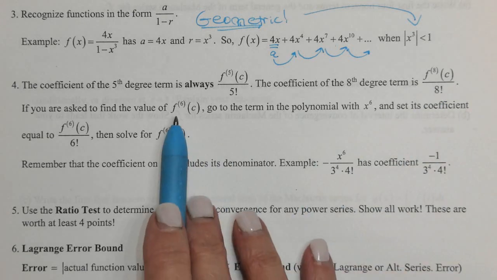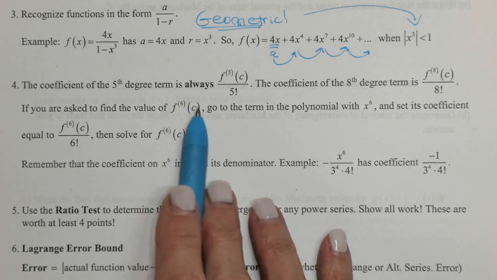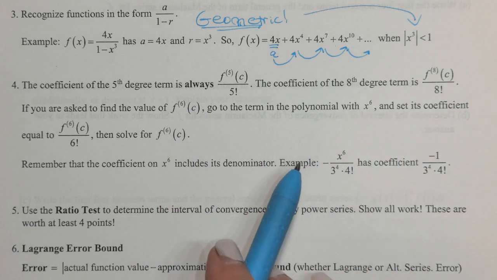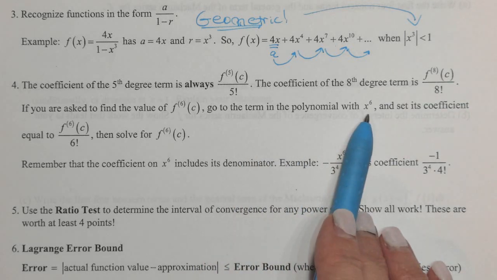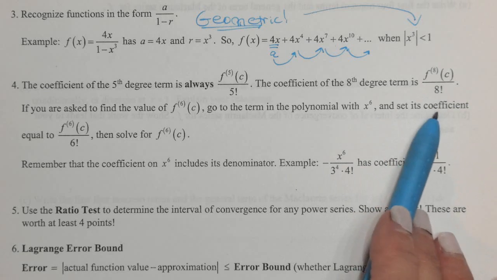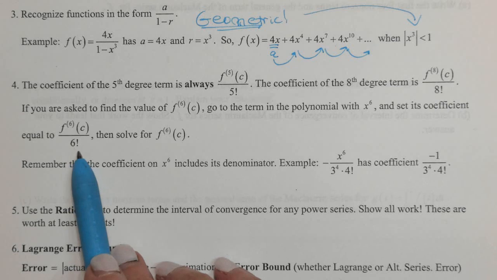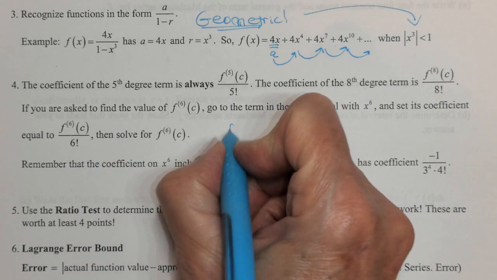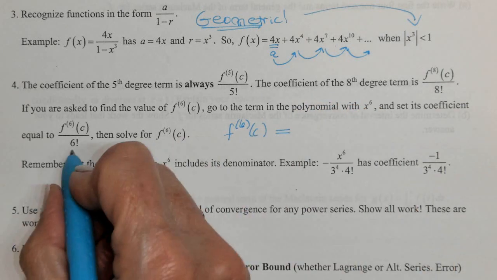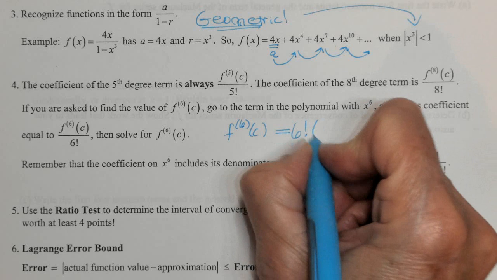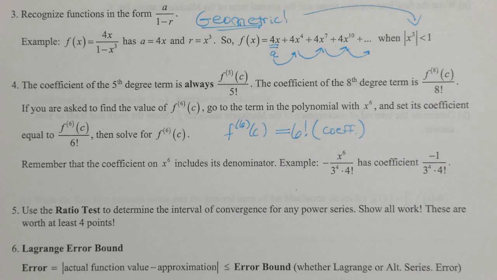If you're asked to find the 6th derivative of some power series, go find the term with x to the 6th in it and set its coefficient equal to the 6th derivative over 6 factorial. So the 6th derivative will always equal 6 factorial times whatever your coefficient is in that power series.